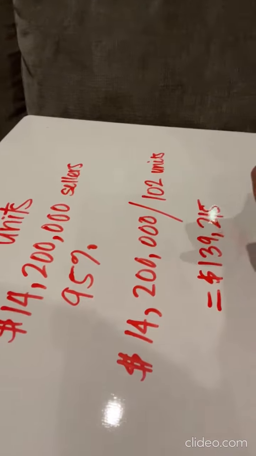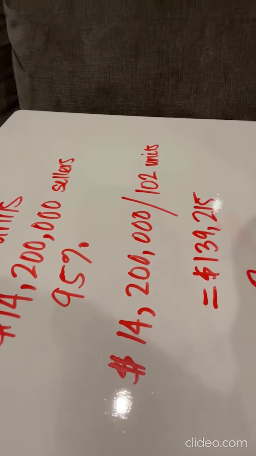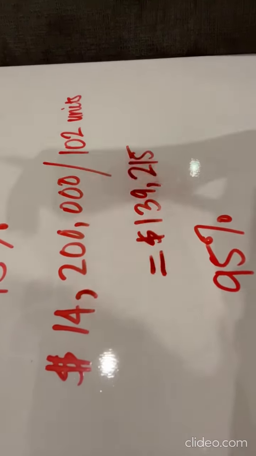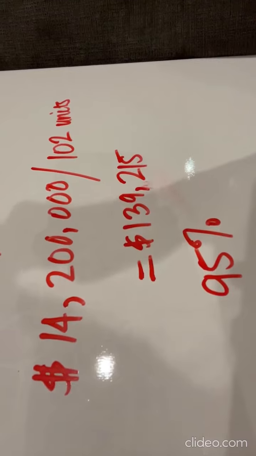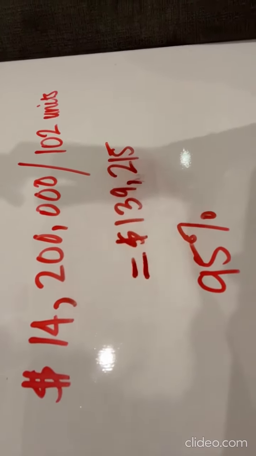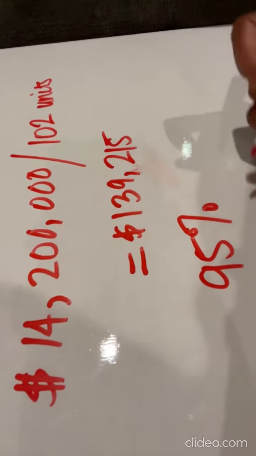Now we're going to find out, what if we think it's only worth 95% of that? Hey, Google, what is $139,215 divided or multiplied by 95%?